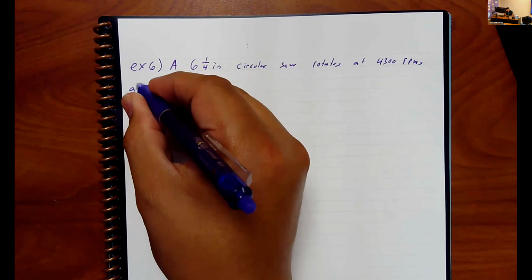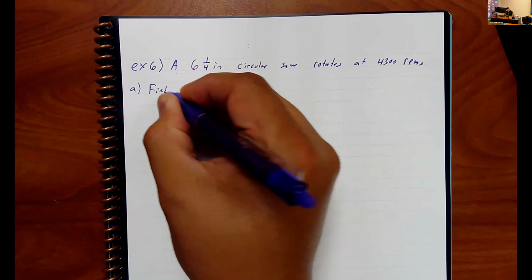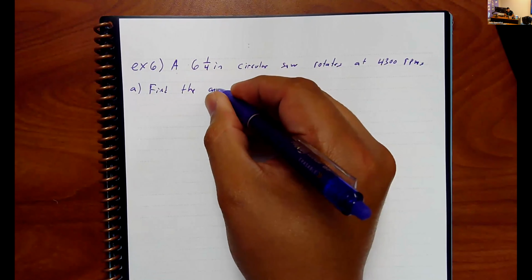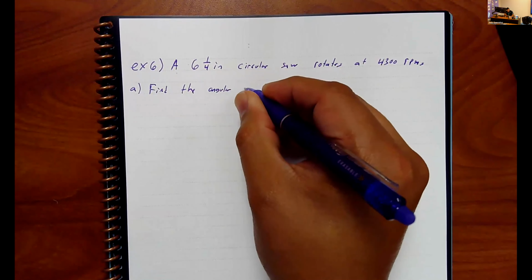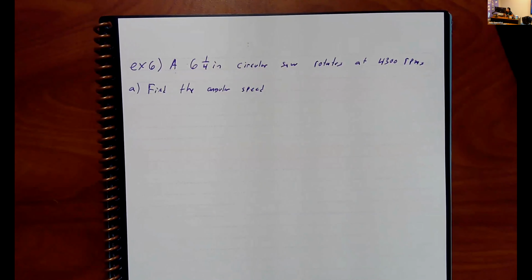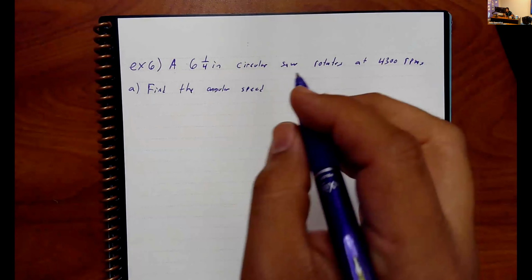Part A. Find the angular speed. Basically how fast the blade is spinning in radians per minute. Right, theta over time.